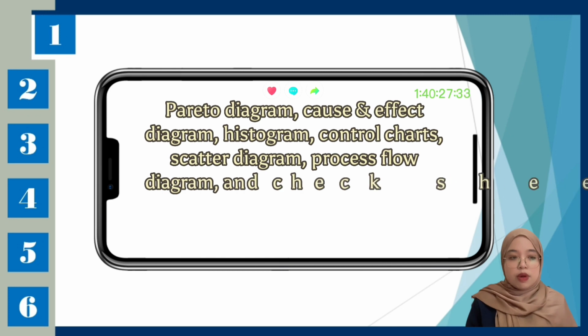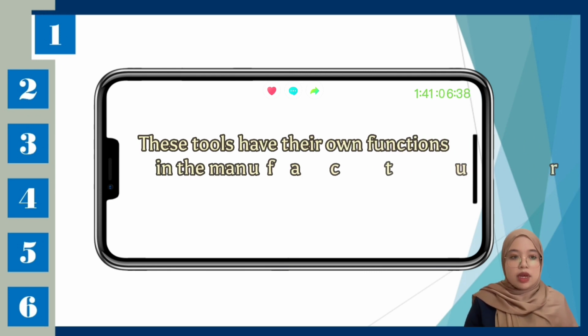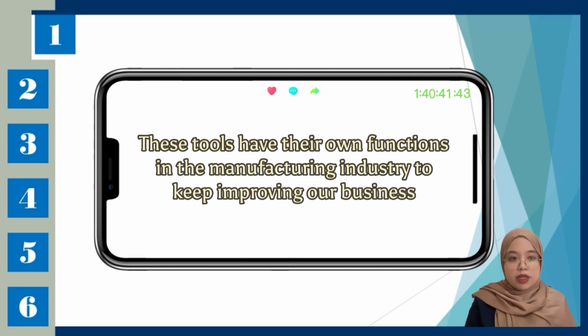Pareto diagram, cause and effect diagram, histogram, control chart, scatter diagram, process flow diagram, and check sheet are the 7 QC tools used to solve issues. These tools have their own functions in the manufacturing industry to keep improving our product quality.